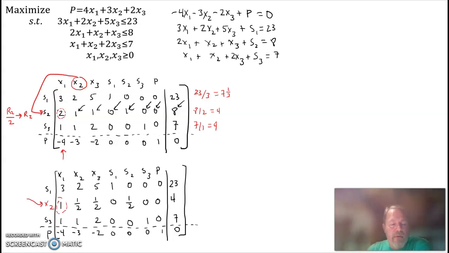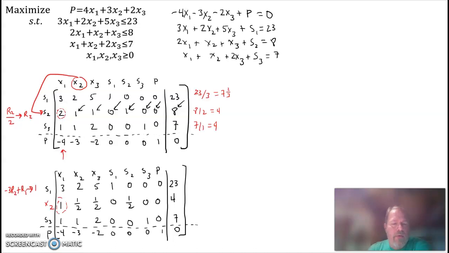I'm going to use this number that I turned into a 1, to change the number above it to a 0 and the 2 numbers below it to zeros. So every number besides the pivot number has to be changed to zeros. So there's going to be 3 changes in this next step. I'm going to take, let me write this in red, I'm going to take row 2 and multiply it by -3 and add it to row 1 to replace row 1.